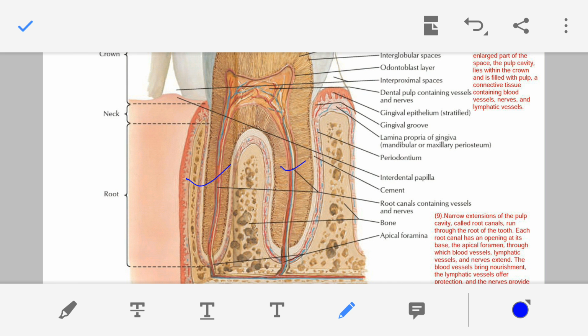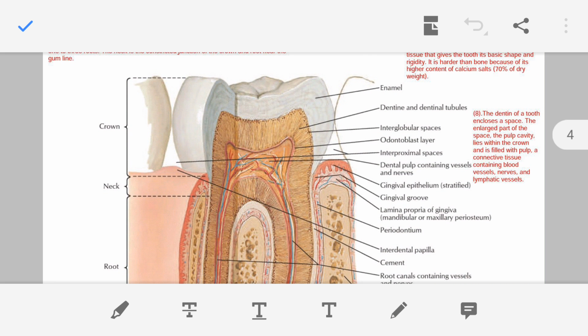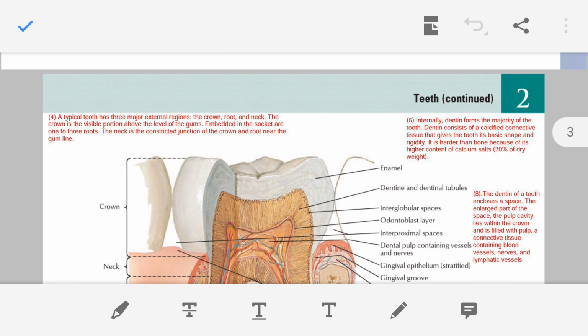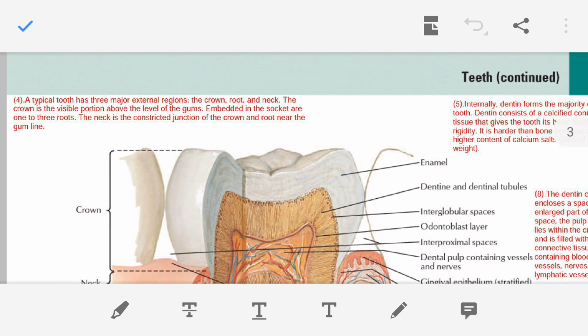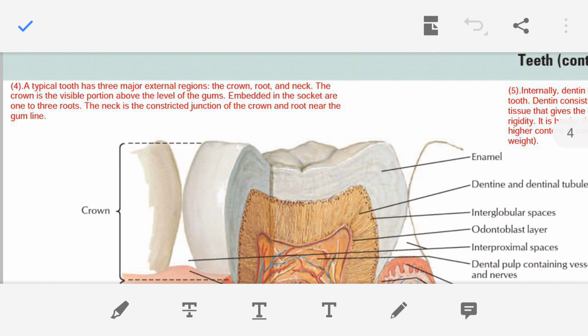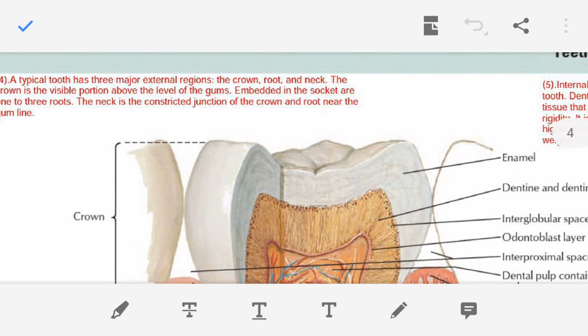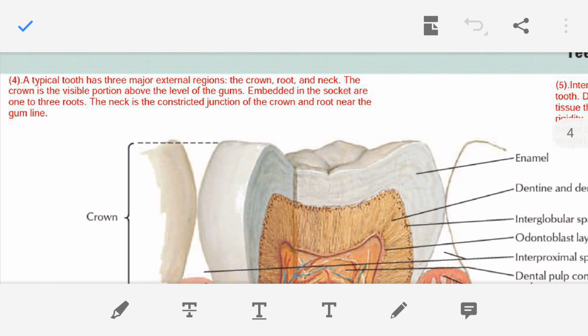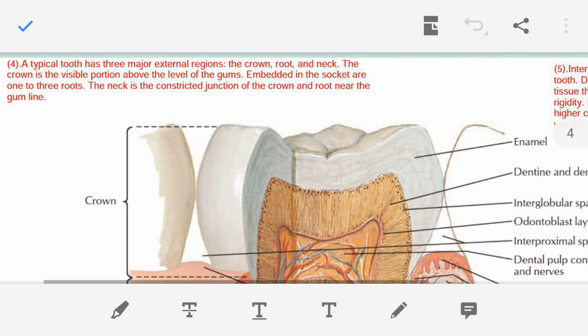Some teeth have one root, some have two roots, and some have three roots. In the next lecture we will be discussing human dentition, where we will learn which teeth have one root, which have two roots, and which have three roots.